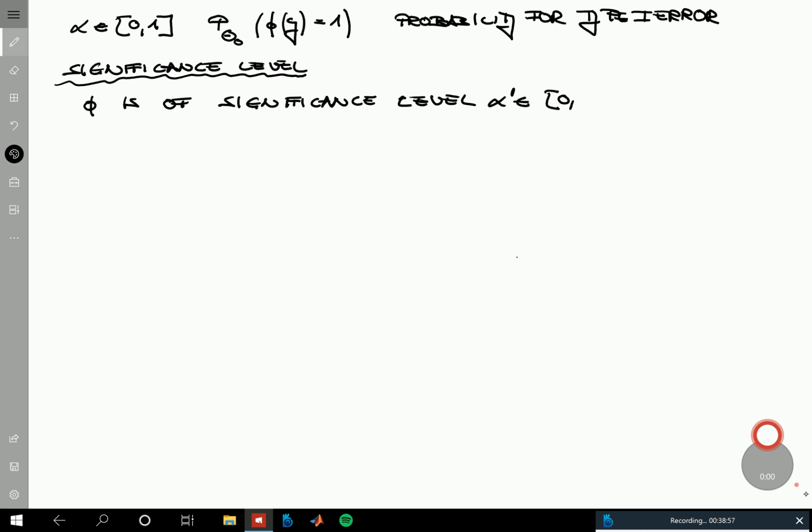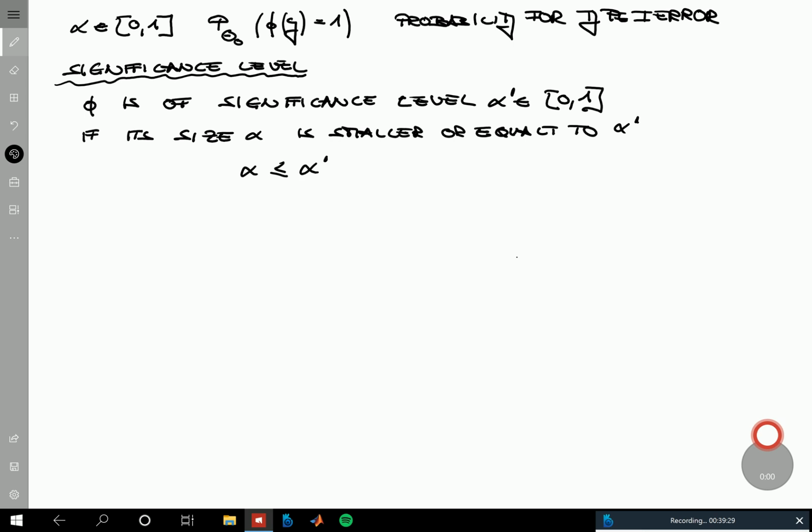So significance level will always have this prime there if its size alpha is smaller or equal to alpha prime.